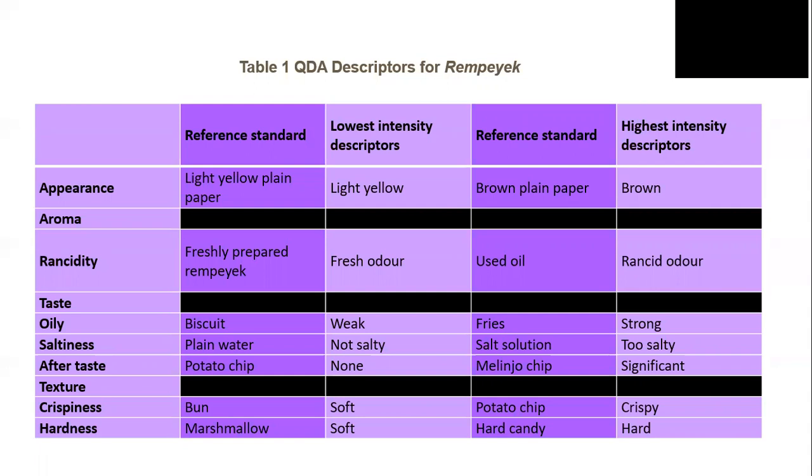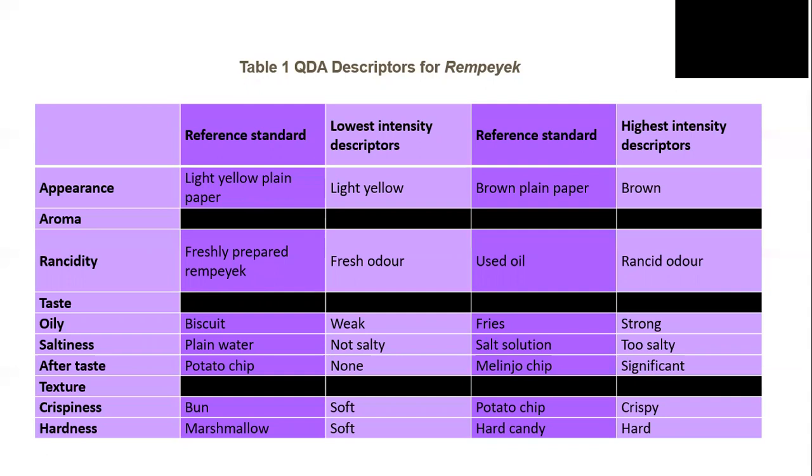Okay, secondly, on the aroma, they agree to have fresh odor as the lowest intensity. And how do you refer to the fresh odor? Okay, they agree to refer the fresh odor, as opposed to rancidity, to freshly prepared rempeyek.